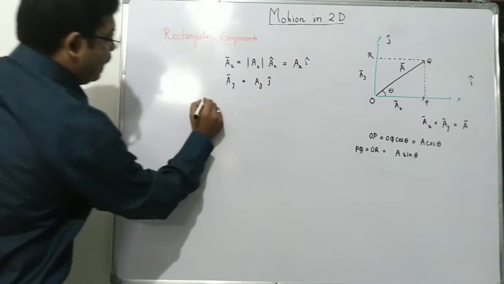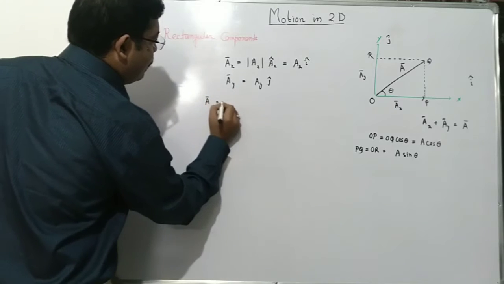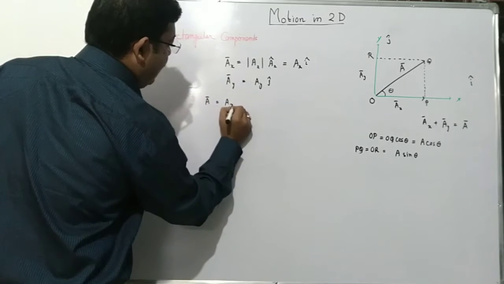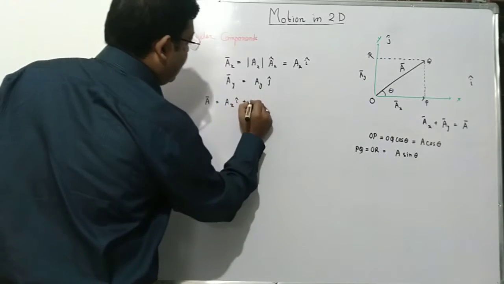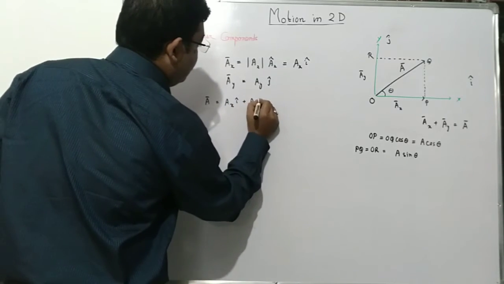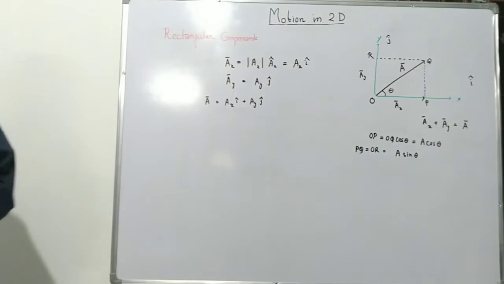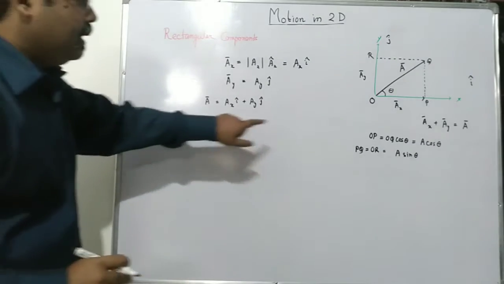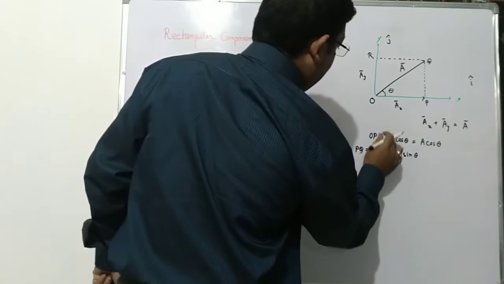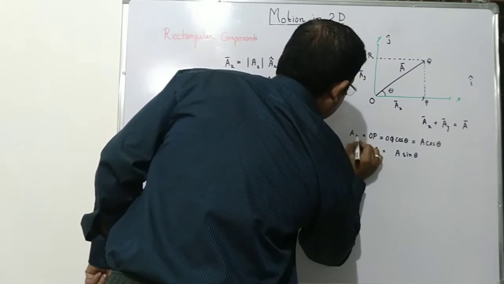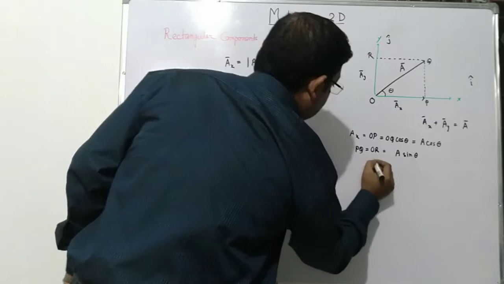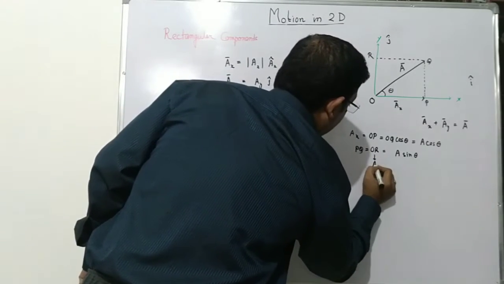So vector A is equal to modulus of AX into I cap plus modulus of AY into J cap. But this length OP is AX and length OR is AY.